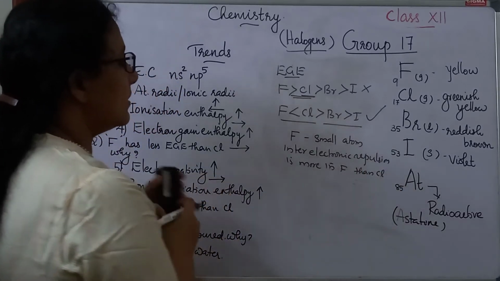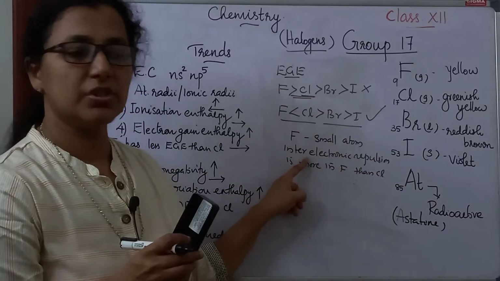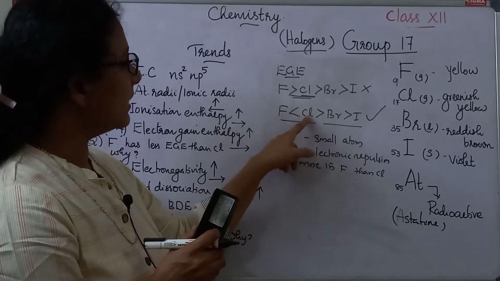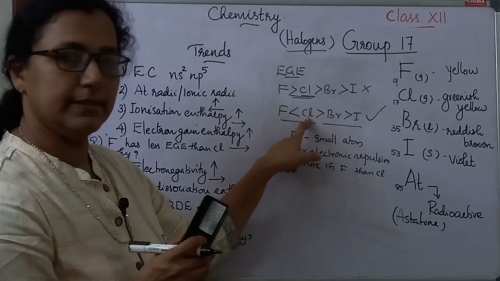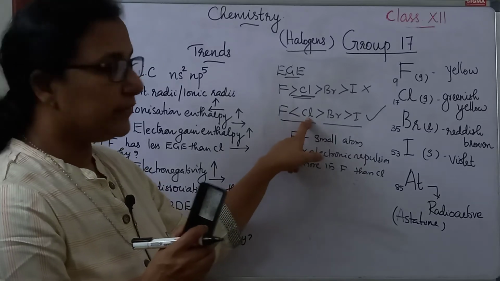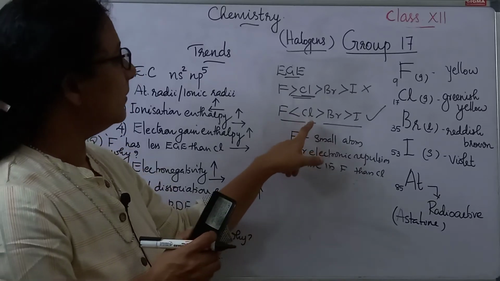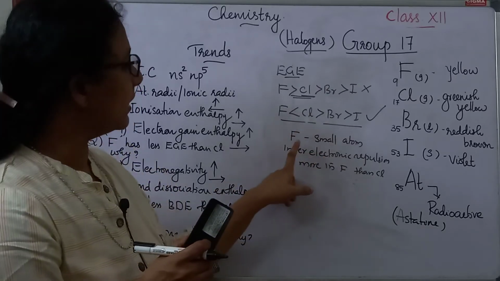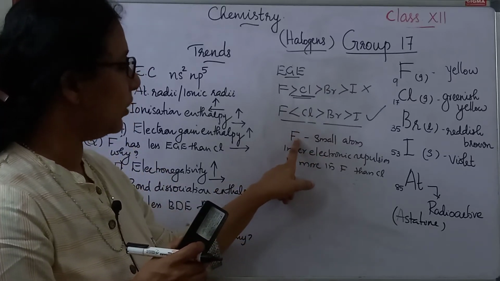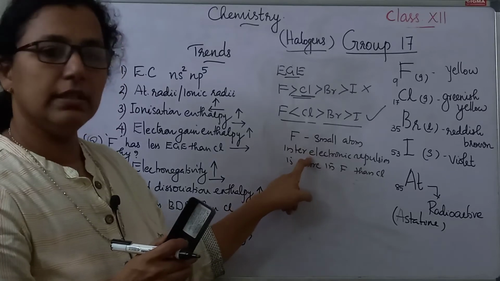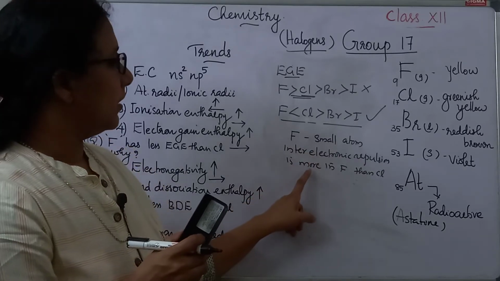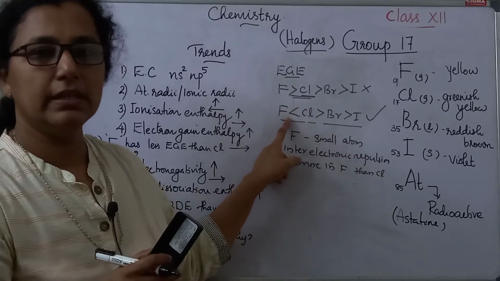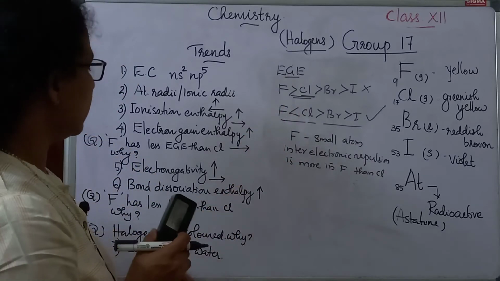That is the reason. But when we are considering chlorine, it is a bigger atom. Even if there are electrons, there is not much interelectronic repulsion. But in the case of fluorine, since it is a very small atom, there is interelectronic repulsion. So the electron gain enthalpy will be less in the case of fluorine. So that is the answer.